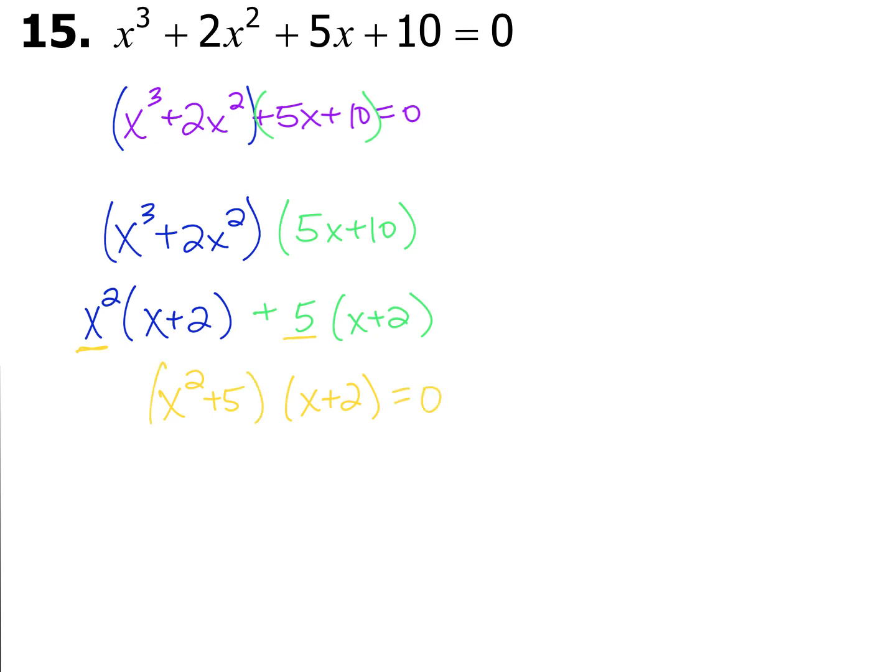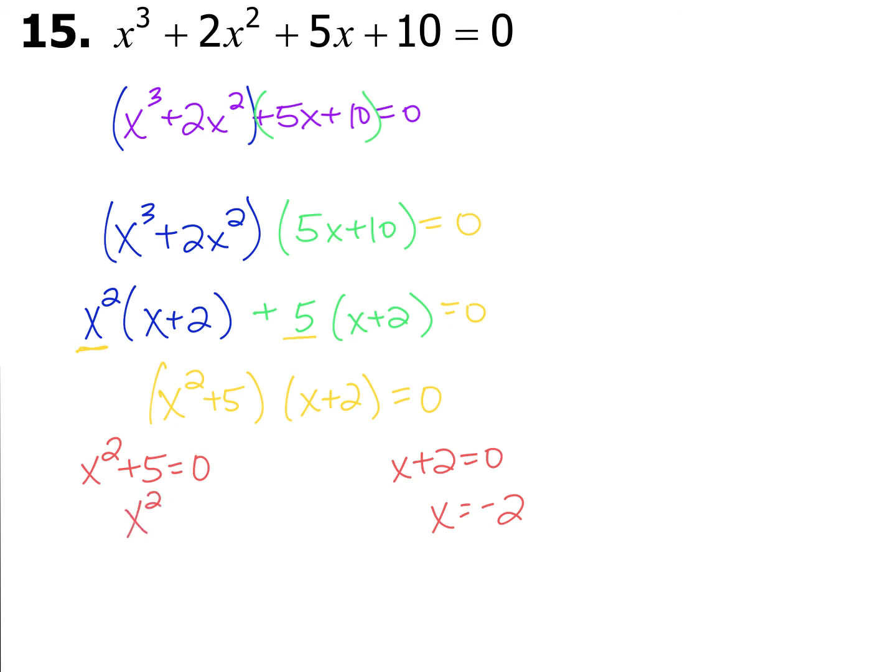And I must set everything equal to 0. Now I set my factors equal to 0. Therefore, I have x squared plus 5 equals 0 and x plus 2 equals 0. Solving the x plus 2, that's x equals negative 2. Now let's look at the x squared plus 5.